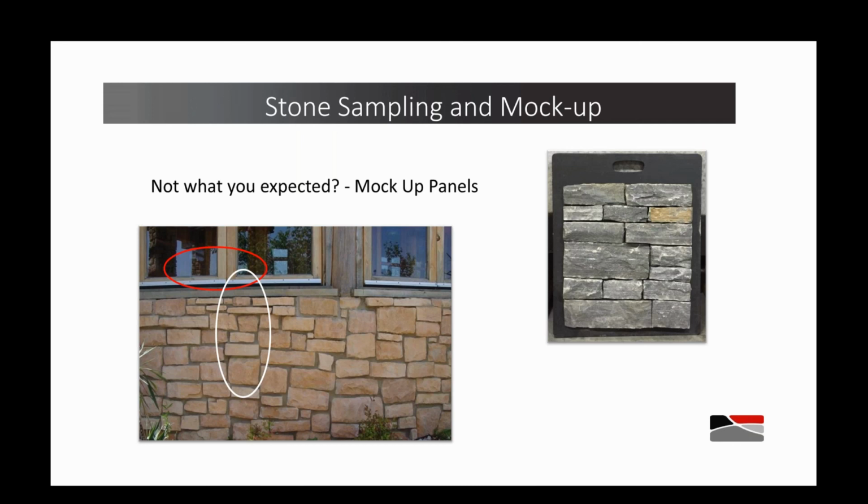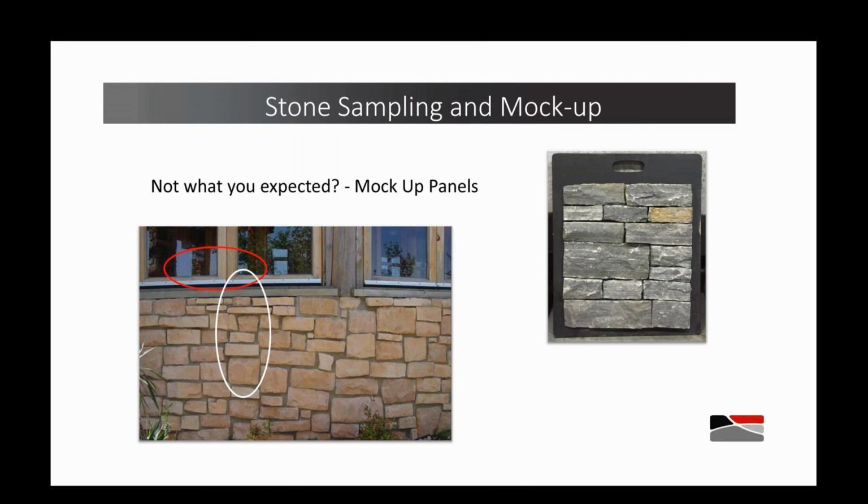And then once complete, that panel can be used to determine the acceptable width and consistency of mortar jointing, acceptable mortar color, the stone distribution that's required for that particular type of stone, the spread of sizes and shapes, the consistency of the stone that's going to be supplied, and an overall standard of installation. And then once everybody's agreed on their particular part of that mock-up panel and everybody's happy, the project proceeds.